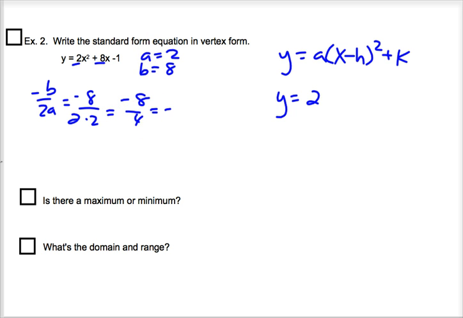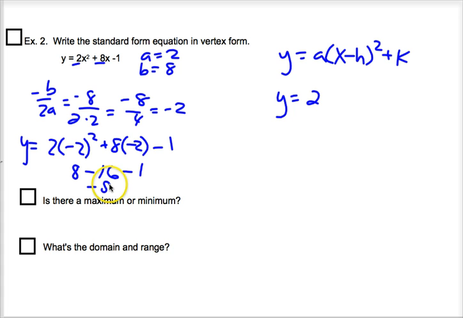Negative 8 over 4 is negative 2. Turn around and plug that in so that you can find the y. Negative 2 squared is 4, times 2 is 8. Minus 16, 8 times negative 2 is negative 16, minus 1. So that's negative 8 minus 1, which is negative 9. So the vertex is at negative 2, negative 9.